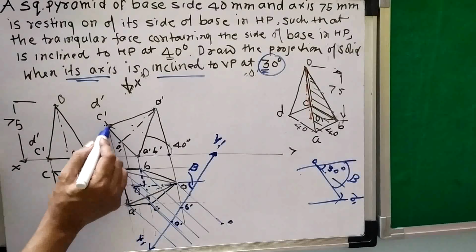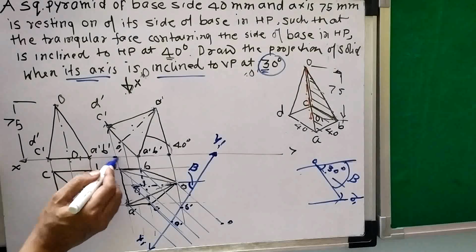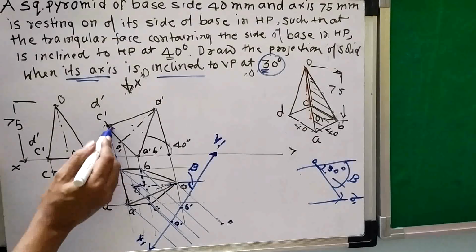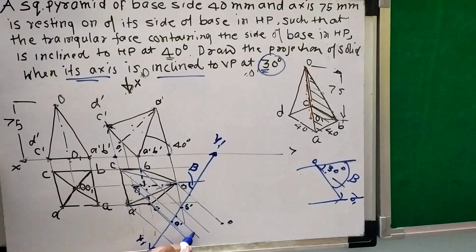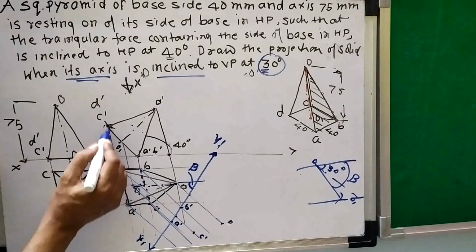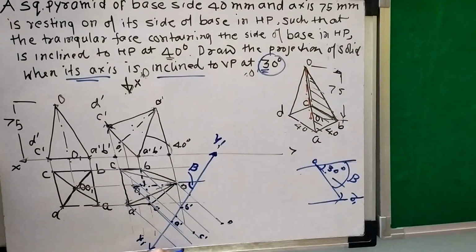Previous view of this is C. This much distance I will take in the compass from this XY, and from this X1 I will cut this. So on the projector of C, so C dash. Then I have D. So this distance is taken in the compass and I will cut here.